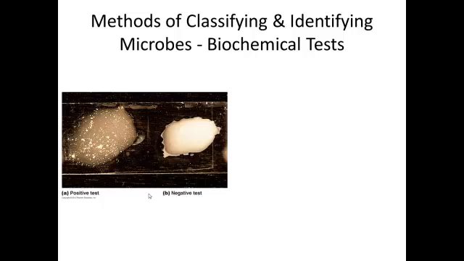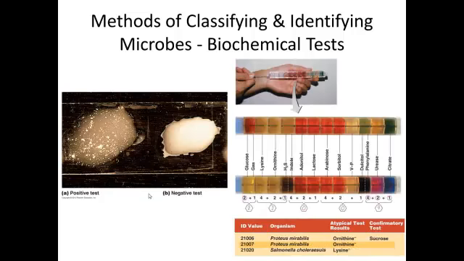Okay, so we can do tests for enzymes one at a time. In fact, we used to do that. Nowadays, we have a tendency to combine them into what we call multi-tests, where in one test we have media for different types of tests. Like here we've got a media where the only carbohydrate source is glucose.